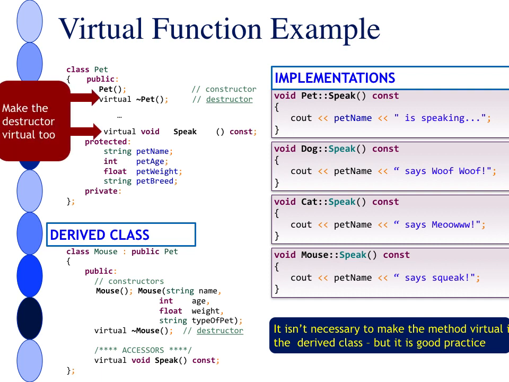Like we said before, because we have a virtual function, we also need a virtual destructor. And here are the different implementations, where the proper one is called when the object is created. So if we create a cat, then the cat will be executed. If we create a dog, the dog will be executed, or bound.